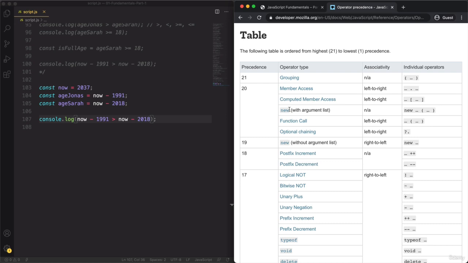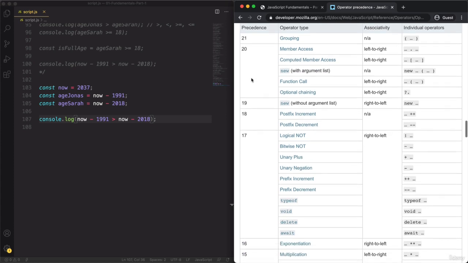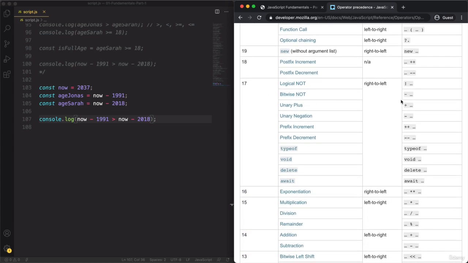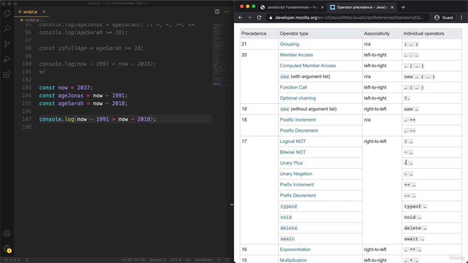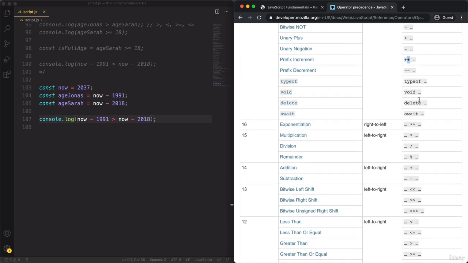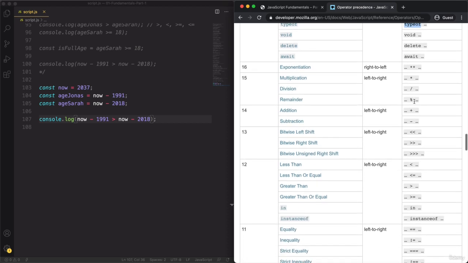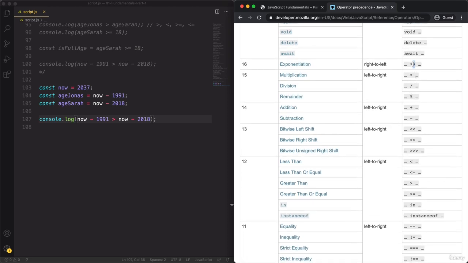So here we can see that grouping using parentheses here has the highest precedence of 21. And then we have all the operators that we already saw. So here plus, minus, plus, plus. So they have a precedence of 17. Then we have a bunch of other stuff here that we don't know yet. But here is also typeof that we already do know. We have the exponentiation operator that I showed you.